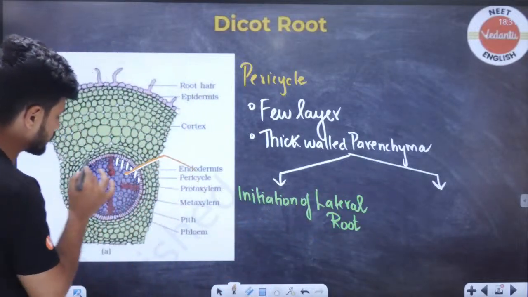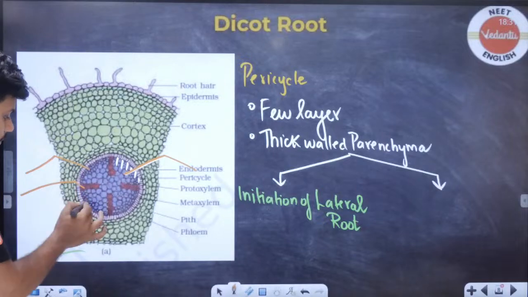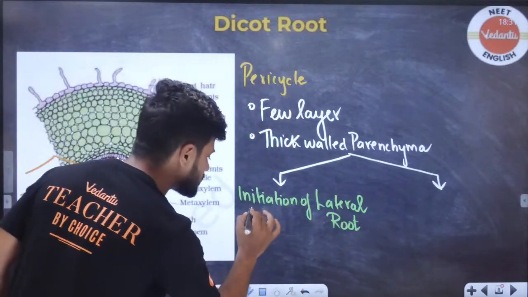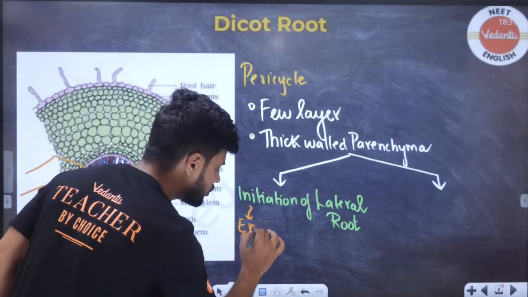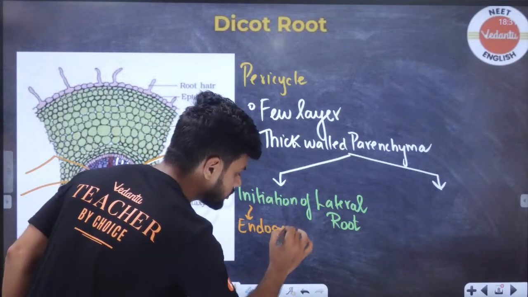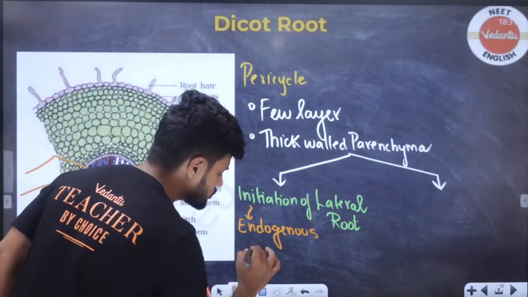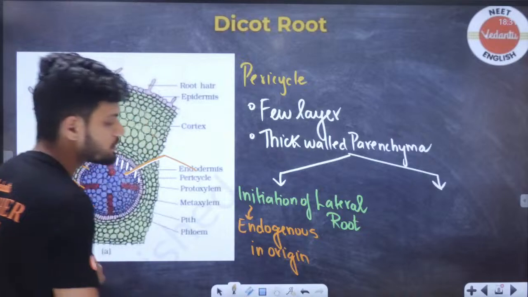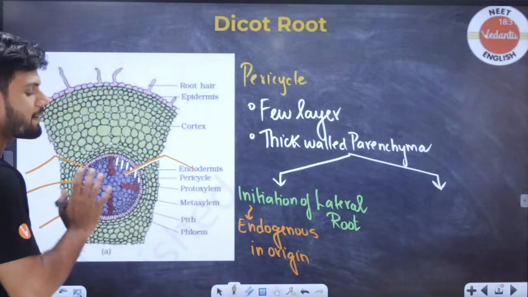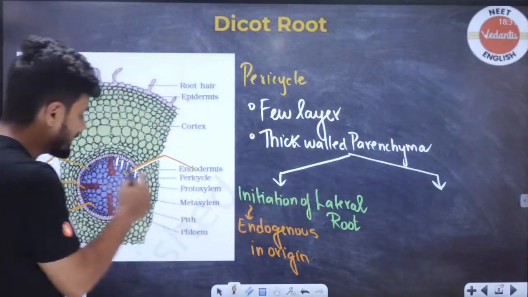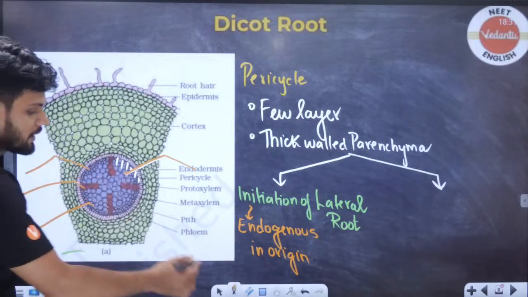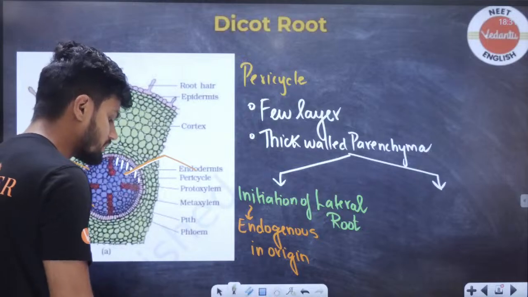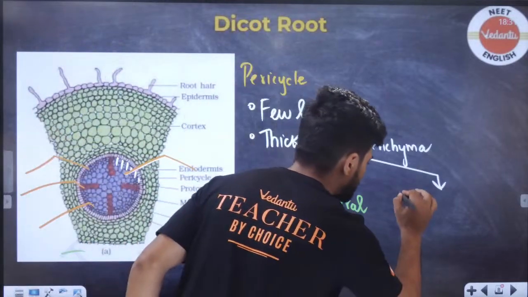So can I tell they are endogenous in origin? Endogenous in origin. So that is the main function of your pericycle, initiation of lateral roots. Now the second function is the growth of vascular cambium.